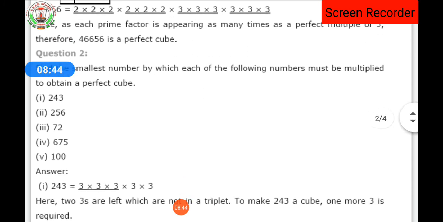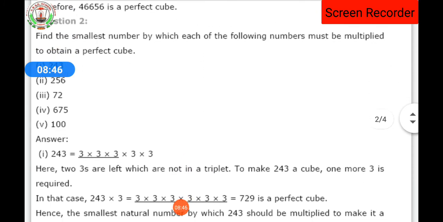As we saw in chapter number 6, there also we found the smallest number, by multiplying which we obtained a perfect square. In the same way, here we find the smallest number that must be multiplied with the given number to make it a perfect cube. And a perfect cube should have triplets.